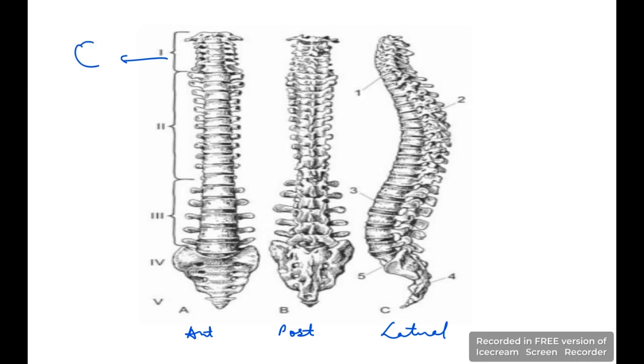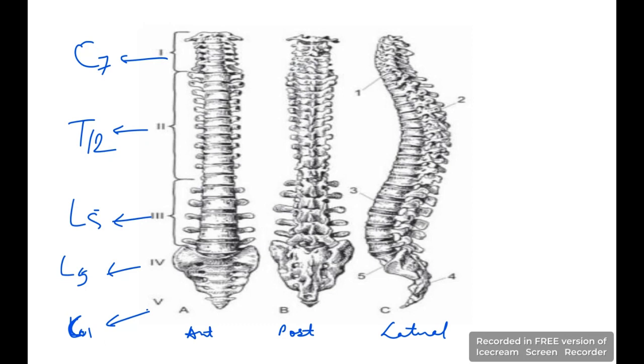Second is the thoracic. With this I would write the numbers also: C7, T12. Third one is the lumbar, L5. Sacrum is the fused five vertebrae, and coccygeal is one, which is also fused.